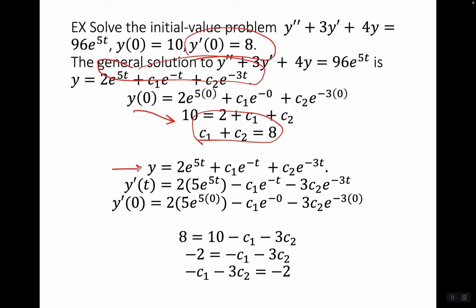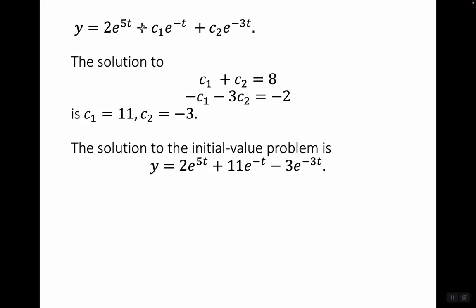Plug in 0, because we know what y prime of 0 is, and we get 2 times 5 e to the 5 times 0 minus c1 e to the negative 0 minus 3c2 e to the negative 3 times 0. In other words, 8, since y prime of 0 equals 8, equals 10 minus c1 minus 3c2. If we subtract 10 from both sides, we get negative 2 equals negative c1 minus 3c2. Or in other words, negative c1 minus 3c2 equals negative 2.